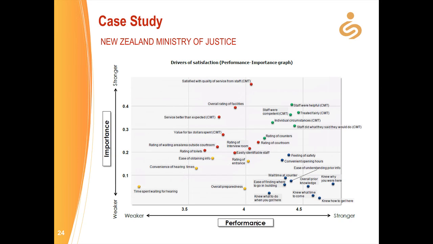They are really the area where service managers and decision makers should be focusing their efforts. As far as CMT drivers are concerned, the two areas where there seems to be room for improvement are service better than expected and value for tax dollars spent.